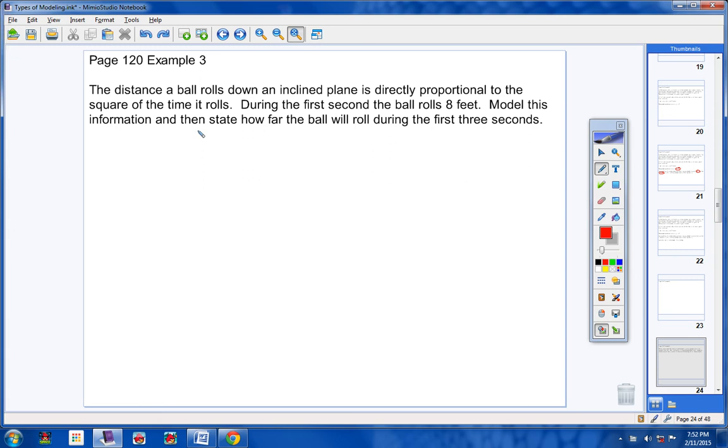Well, let's take a look at this, guys. First of all, we have to figure out what type of model we're using. It says the distance a ball rolls is directly proportional, not to x, but to the square of the time that it rolls.